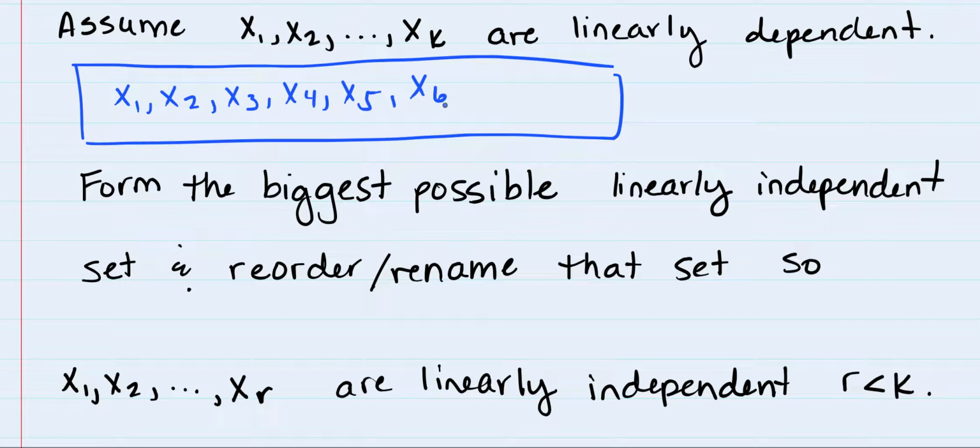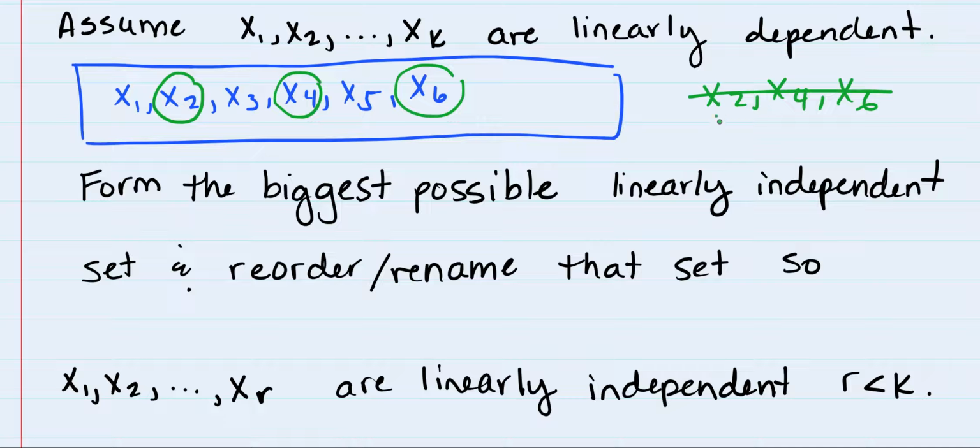Let's say this is a linearly dependent set, but this vector and this vector, x2, x4, and x6, are linearly independent. If you add x1 or x3 or x5 or all of them, then you would form a linearly dependent set. So what you're going to do is rename these. This one's going to be x1, this one's x2, and this is x3. And then you're going to call the other 3 x4, x5, and x6.